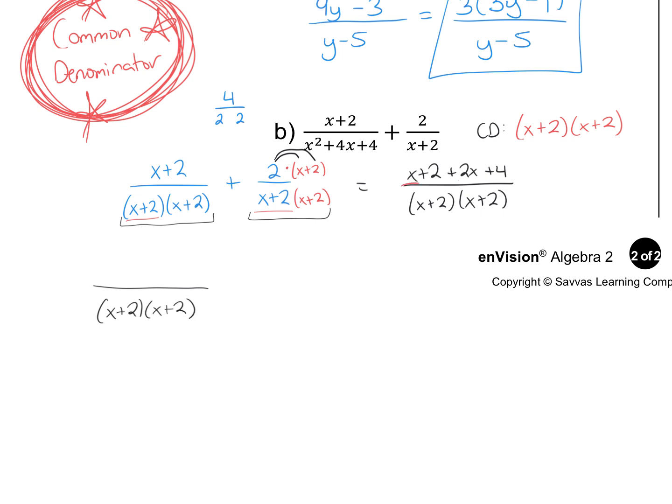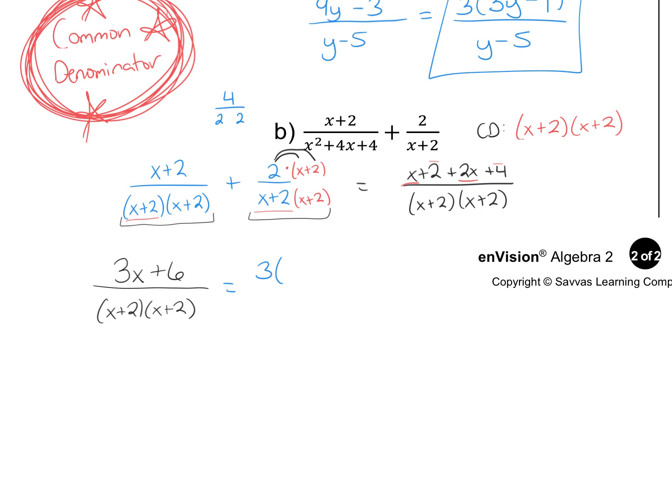What is x plus 2x? 1x plus 2x is 3x. What's 2 plus 4? 6. One more thing we have to do: simplify. What can we take out of 3x plus 6? Take out a 3.